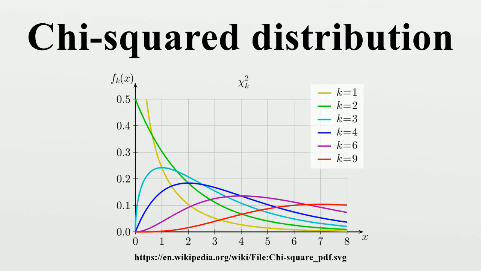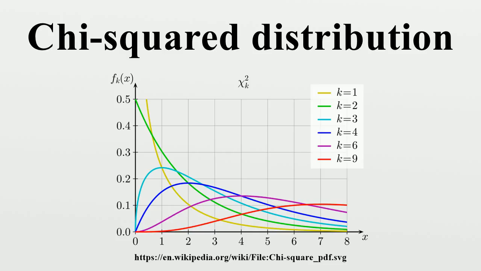Because the exponential distribution is also a special case of the gamma distribution, we also have that if x tilde chi-squared 2, then x tilde exp, an exponential distribution. The Erlang distribution is also a special case of the gamma distribution, and thus we also have that if x tilde chi-squared k with even k, then x is Erlang distributed with shape parameter k/2 and scale parameter 1/2.